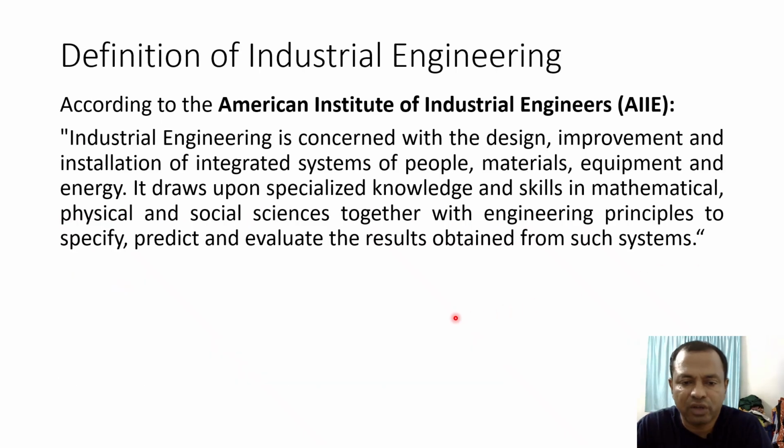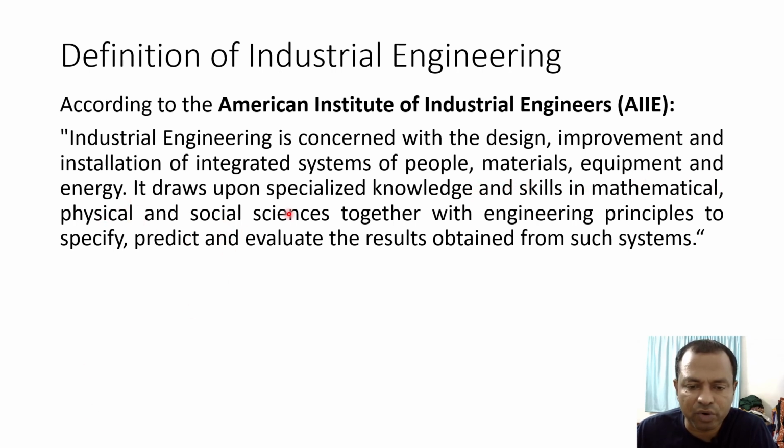So the definition of industrial engineering is given by the American Institute of Industrial Engineers, AIIE. Industrial engineering is concerned with the design, improvement and installation of integrated systems of people, materials, equipment and energy.